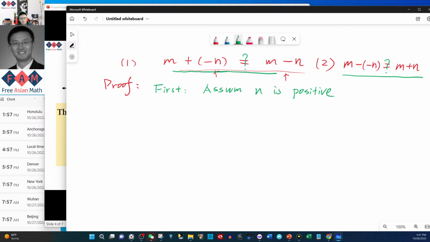So in that case, what is n plus negative n? Well, we have to go back to our definition of n plus negation of n, where n is a positive integer, right? Otherwise, we don't even know what it is. What is this? n plus negation of n.